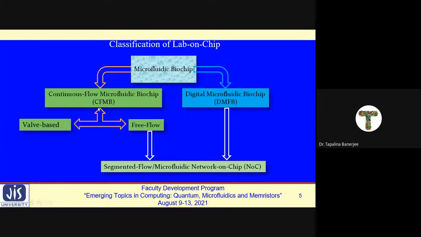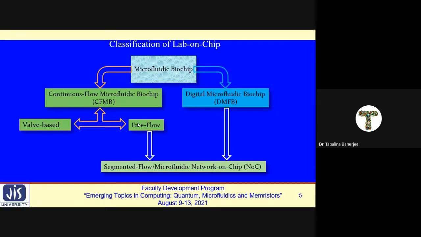Further, if we want to classify this CFMB, it can be of two types. One is valve-based. In the present era of biochips, more than 25,000 microvalves are used to implement large-scale and concurrent experiments. And another one is free-flowing. Free-flowing of fluids through rigid microchannels network are of concern.